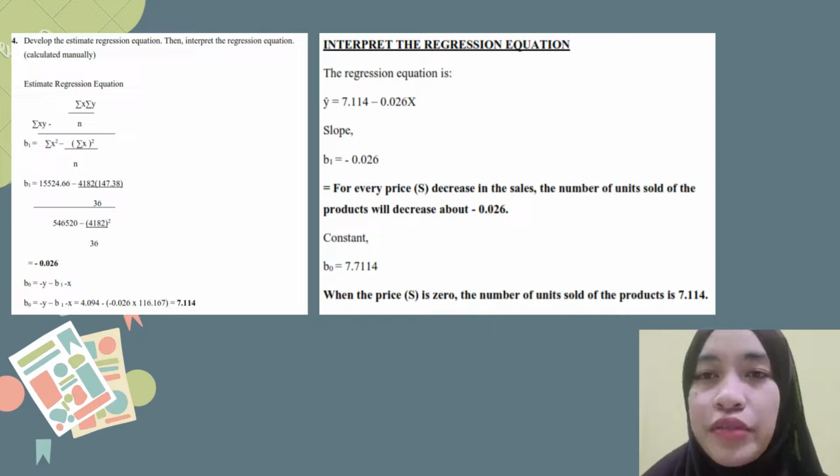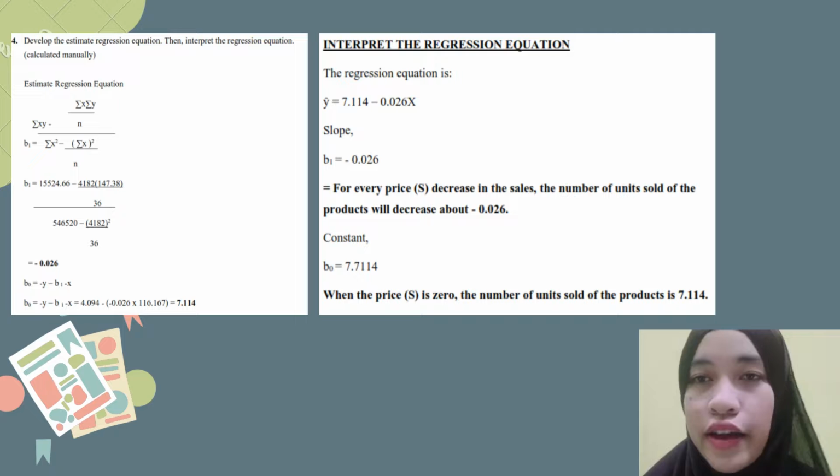B1 is 15,524.66 minus 4,182 in brackets 147.38 close bracket, divided by 36, and then divided by 546,520 minus in brackets 4,182 divided by 36. The answer is negative 0.026.